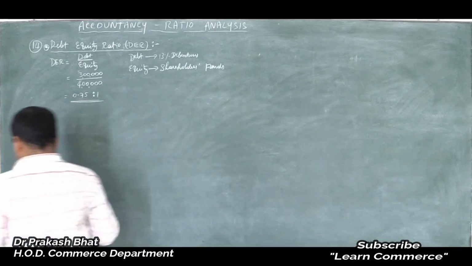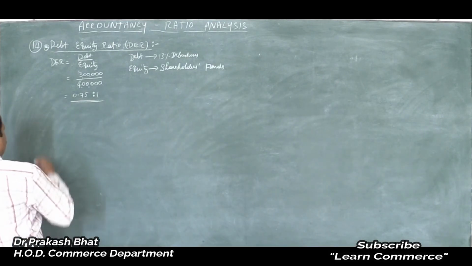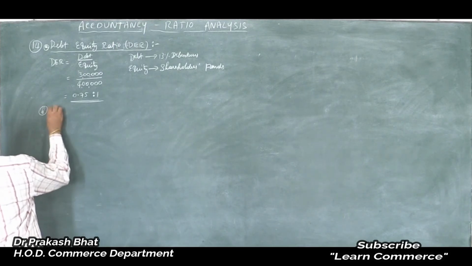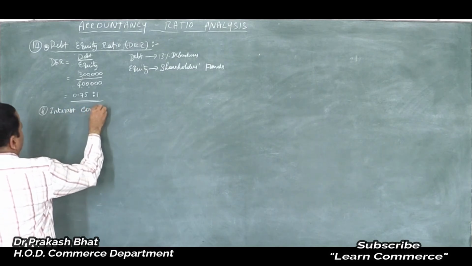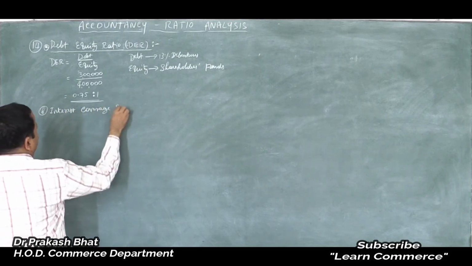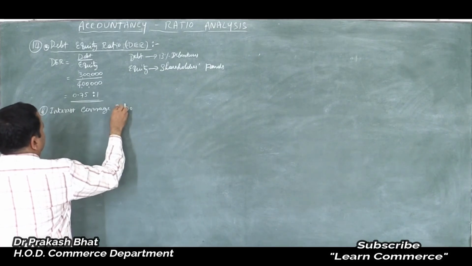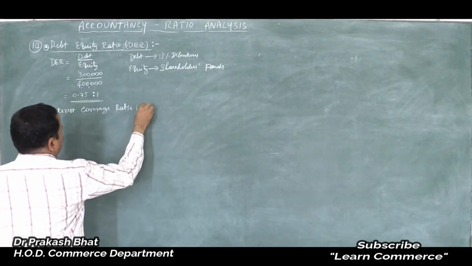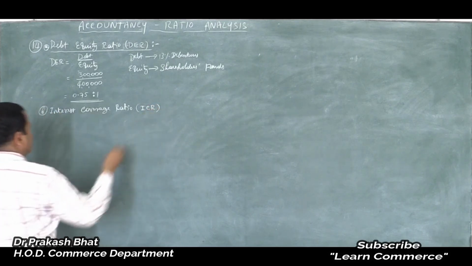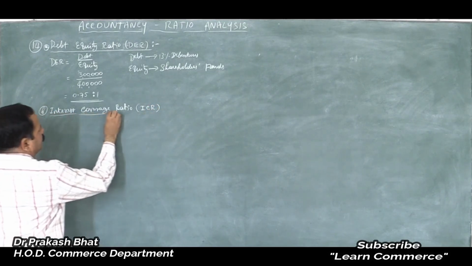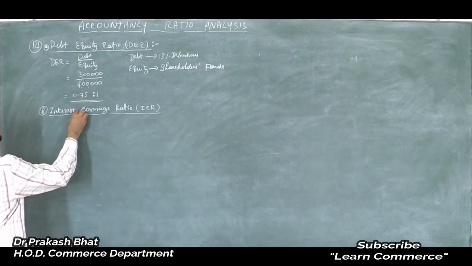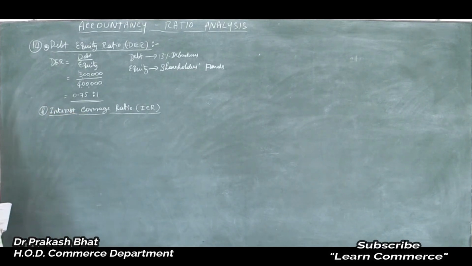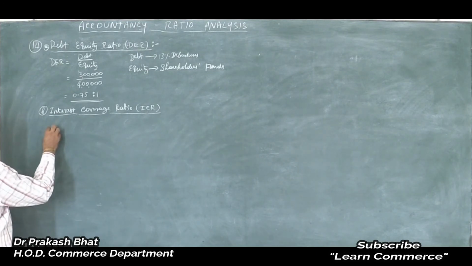Then the second one, they asked us to calculate interest coverage ratio. Point B, interest coverage ratio, that is ICR, right? That is the formula.